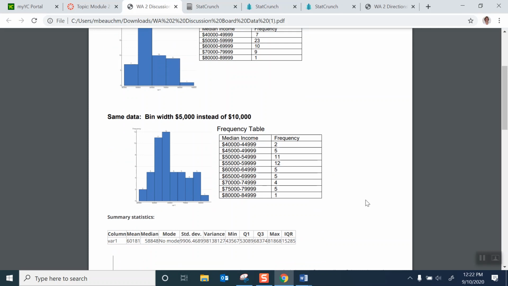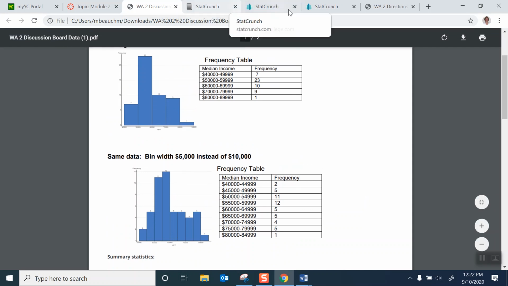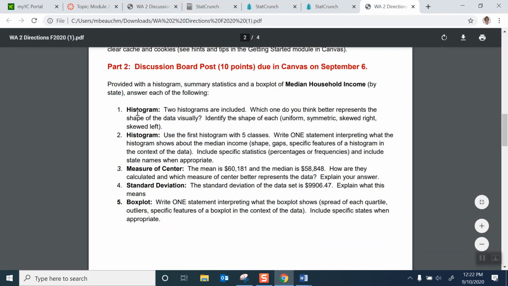So the first question you'll answer on the discussion board is, which one of these do you think displays the data better? There is no right or wrong answer. You just have to justify which one you think displays the data better. Then on your discussion board, there are questions to answer. Question 2 is use the first histogram, write one statement interpreting what the histogram shows, including specific statistics.